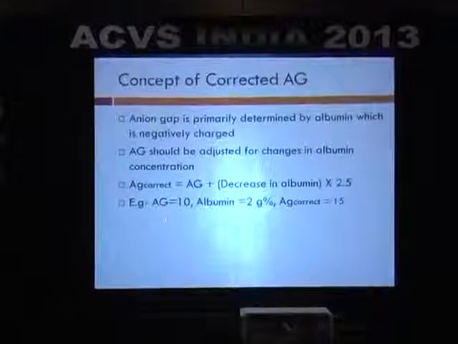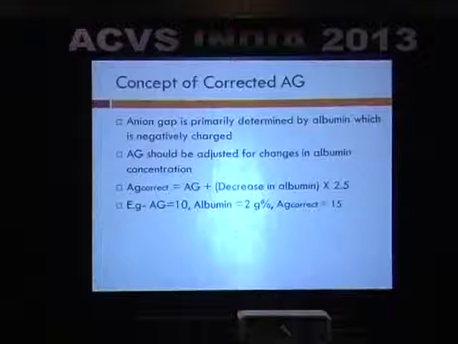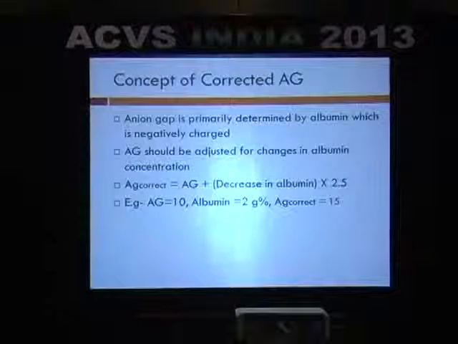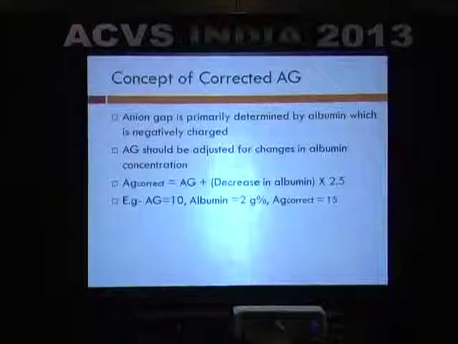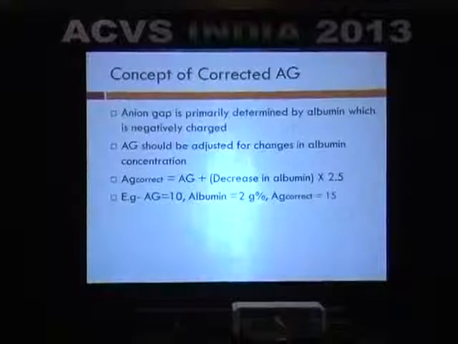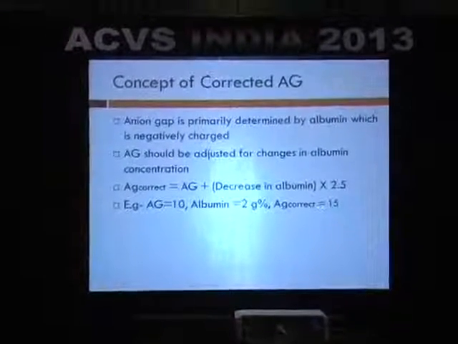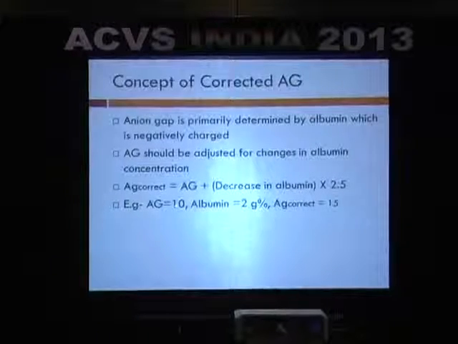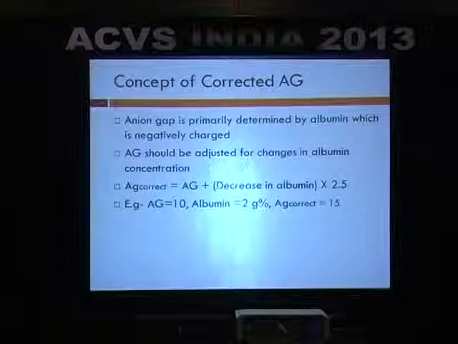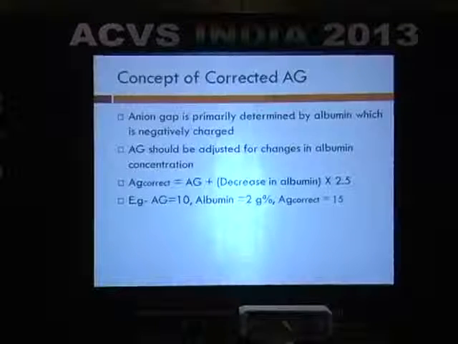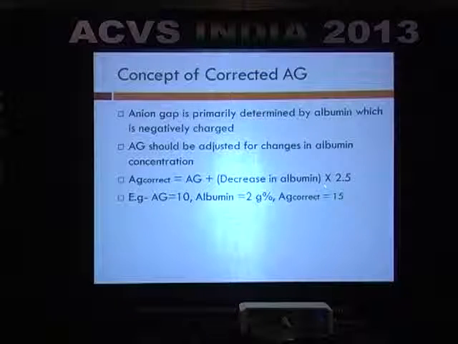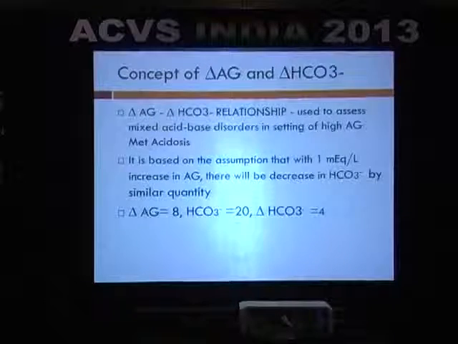So this patient has an anion gap of 10, and the albumin was 2 grams. So if the albumin has decreased by 2 grams, from 4 to 2 grams, the corrected anion gap will be 15. If we consider the uncorrected anion gap, we will say that this patient has a normal anion gap. He is not having acidosis. But if we correct it for the albumin level, he is having a high anion gap acidosis.